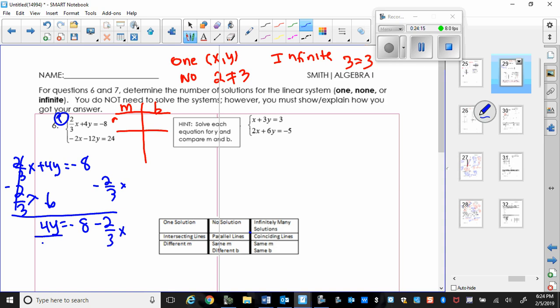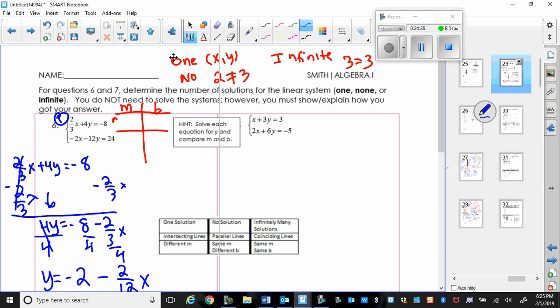Want to get rid of the 4, so I divide each term by 4, right? This goes away. I get y equals negative 2 and minus 2 over 12x.